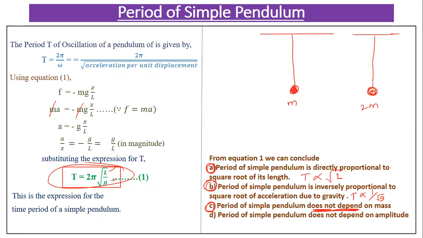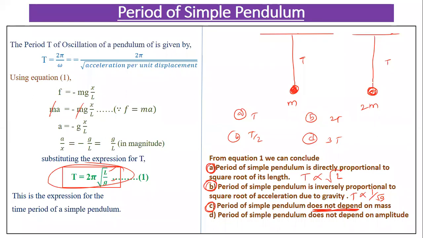The options are T, 2T, T by 2, and 3T. Listen, if the period at position 1 is T, the period at the second position is also T, because the period does not depend on the mass of the bob.